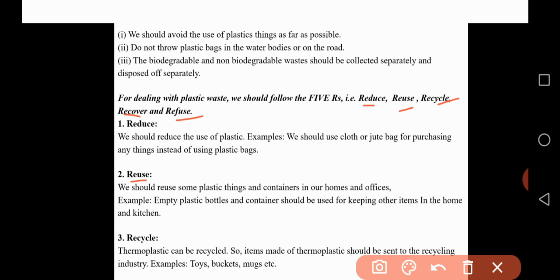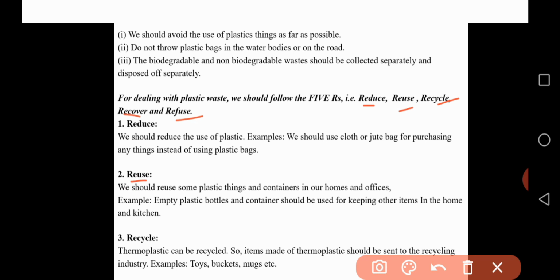Once we purchase plastic, you have to use it again and again. Also containers in our homes and offices. For example, empty plastic bottles and containers should be used for keeping other items in the home and kitchen.